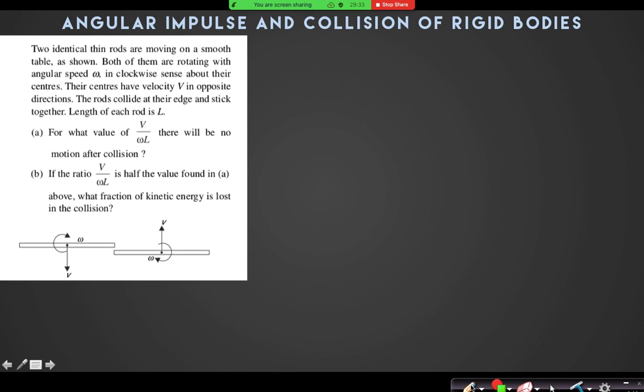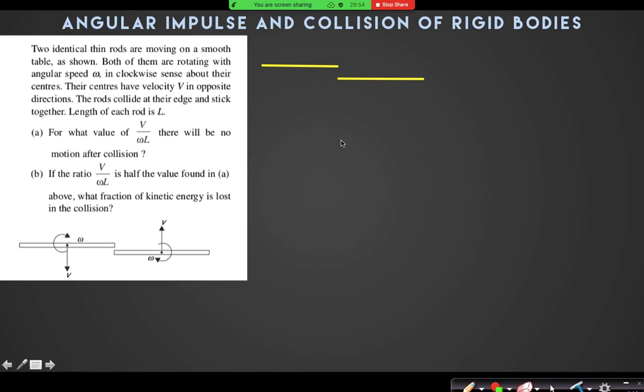Look, this type of question may come, but you can solve it by whatever concepts we have learned so far. No new concepts we will use. So suppose this is one rod and this is another rod.